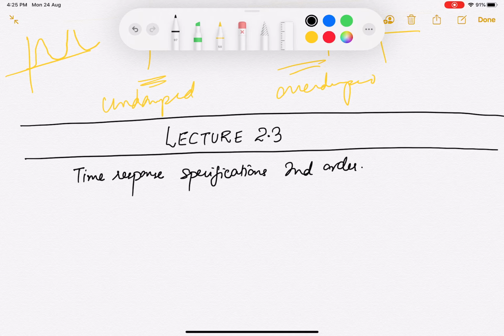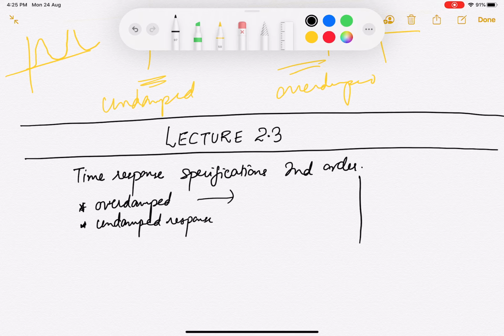We talked about the overdamped response, and we talked about the undamped response, right? So the overdamped response we saw for a step input when it is given to a system which has pole locations like this.